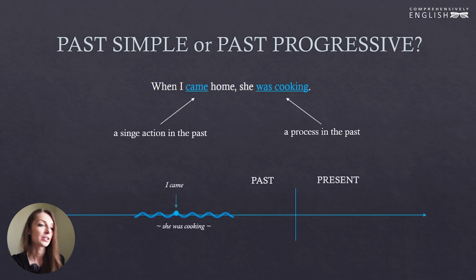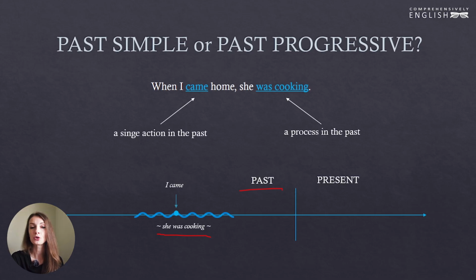So let's look at this drawing. Both actions happened in the past, but I came was a single action at a particular moment of a process that was going on for a while. She was cooking for 2 hours and I came somewhere there, at one of the moments of these 2 hours.